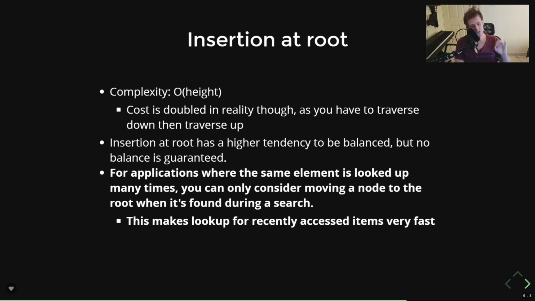Insertion at root is also O(H), because you do an insertion down the tree, you do the insertion at the leaf, and then you unwind and you do all the rotations up. And each of those is a step. So effectively, it's kind of 2H, or 2 times H, because you have to go down and up. But because of big O notation, it is also O(H), right? Because we know that 2H is H. You get rid of those coefficients.